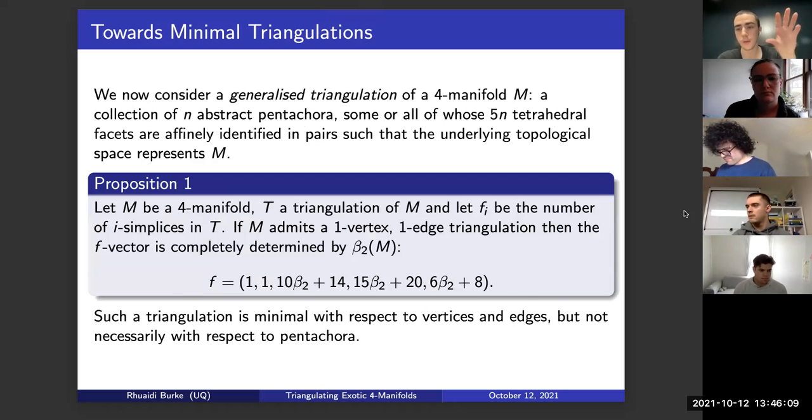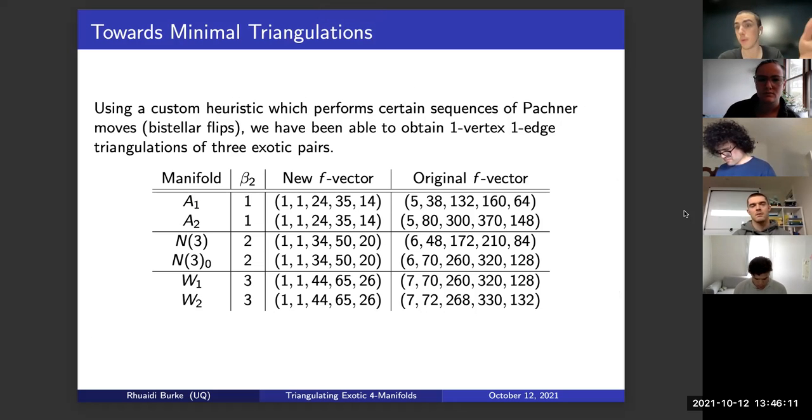Because they're homeomorphic, they should have the same topology, so they've got the same Betti number. You'd hope that you'd get down to the same vector if you can do this one-vertex, one-edge thing.